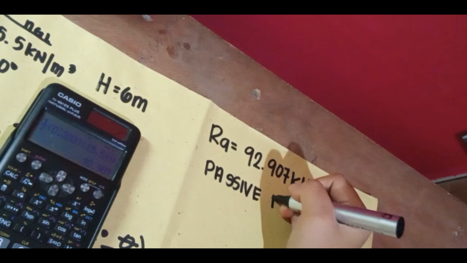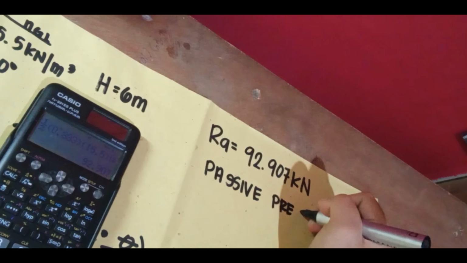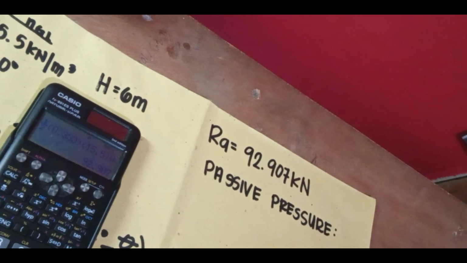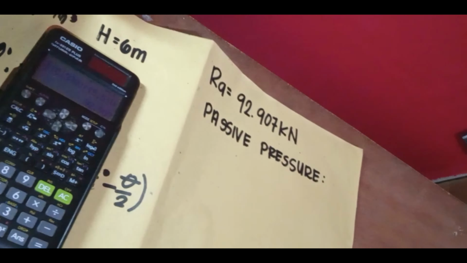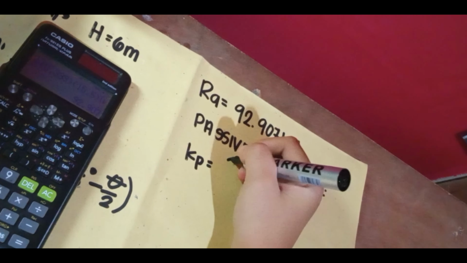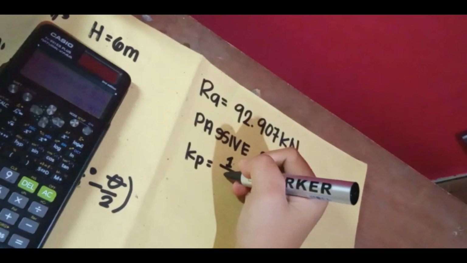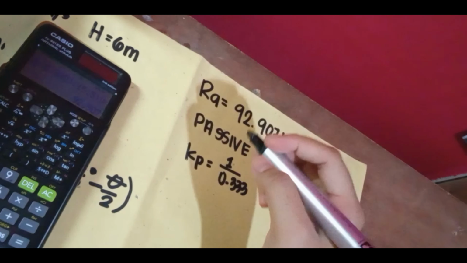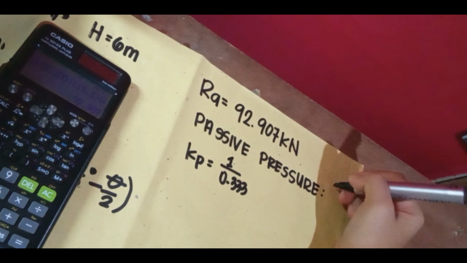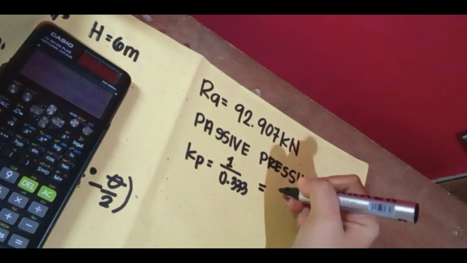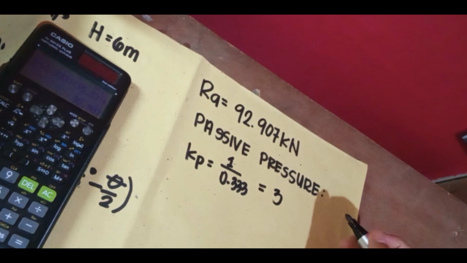Passive pressure. So, the passive pressure coefficient is just the reciprocal of the active pressure, right? So 1 over 0.333, or the Ka earlier was 1 over 3. So its coefficient is 3.